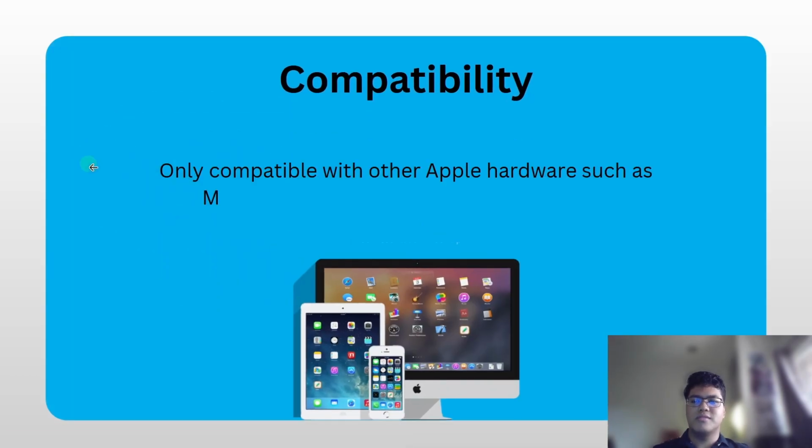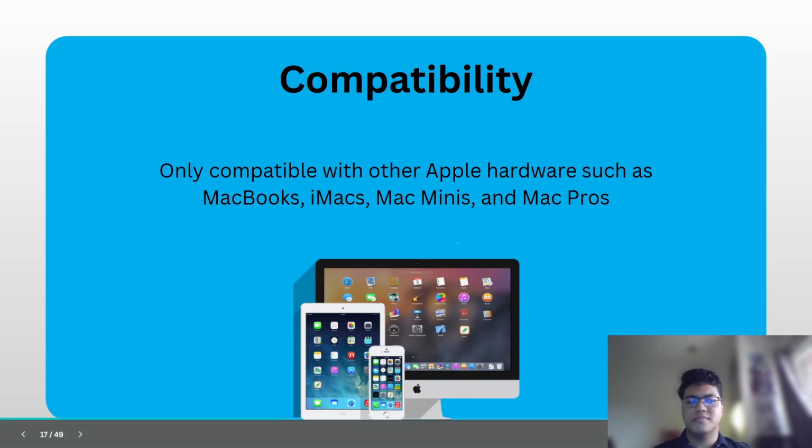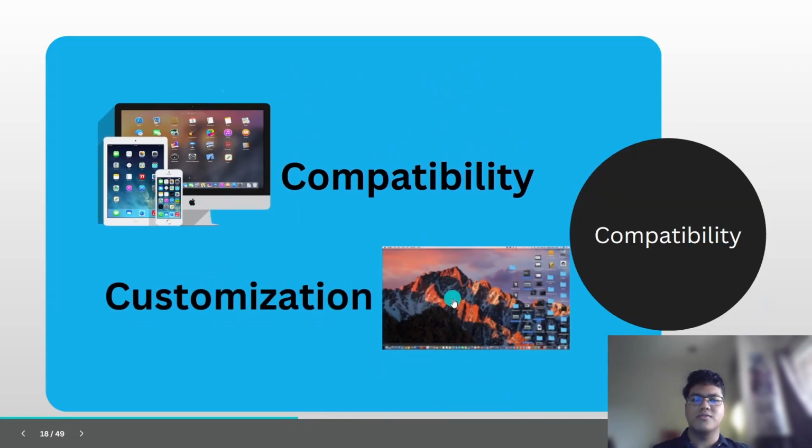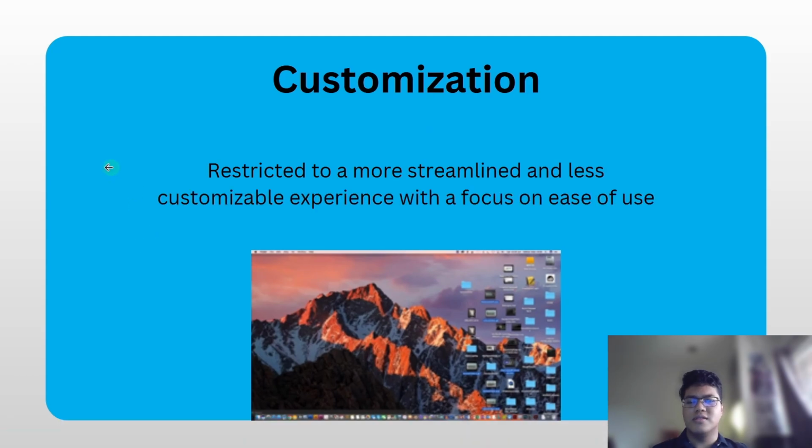So compatibility might not be what Mac is known for outside of its own devices, since it's only compatible with other Apple hardware such as MacBooks, iMacs, Mac Minis, and Mac Pros. Going back, you can also click for customization, and as it was revealed, Macintosh restricts the user to a more streamlined and less customizable experience.